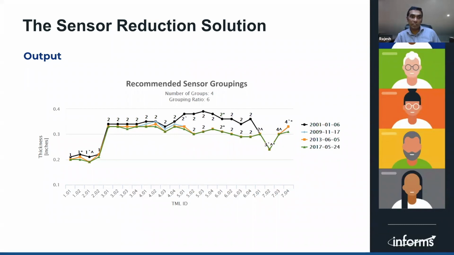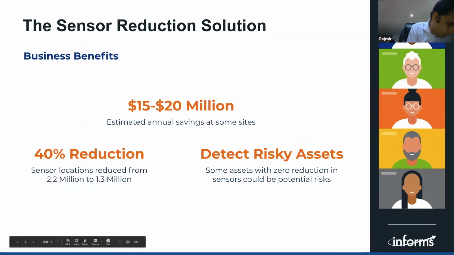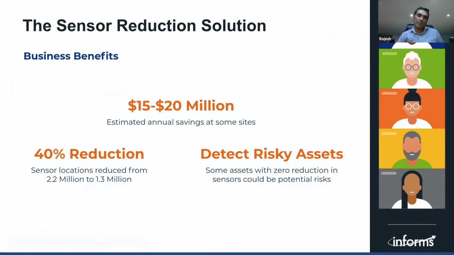Now, even within the same group, if the distribution is very high, if you see the breadth is very much, the variation is too much, you can also add more sensors to the group as well. The system recommended these points, and it was reviewed by various engineers, both in the central location as well as in the field.